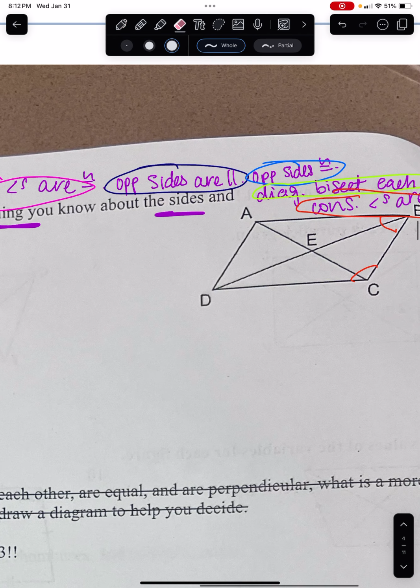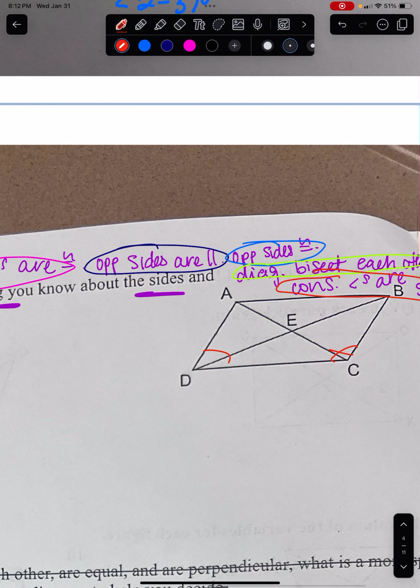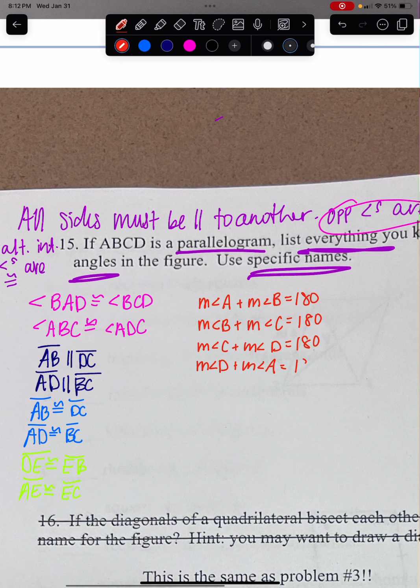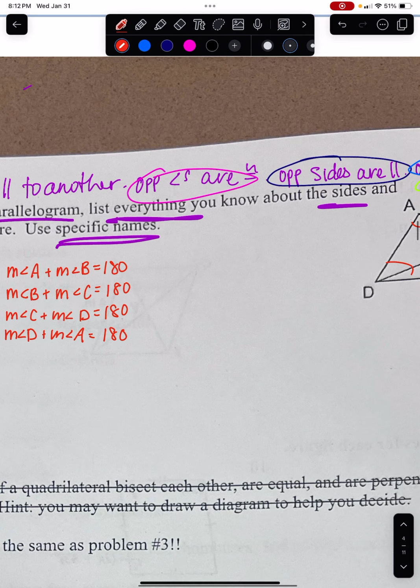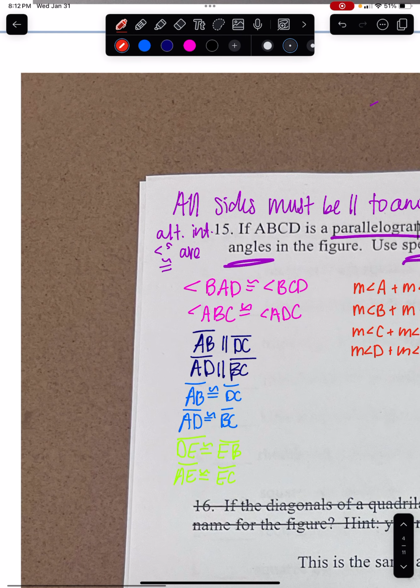We just keep going around the square, or whatever it is. Measure of angle C plus measure of angle D is equal to 180. And measure of angle D plus measure of angle A is equal to 180. Okay, we got those. We have one more, orange.